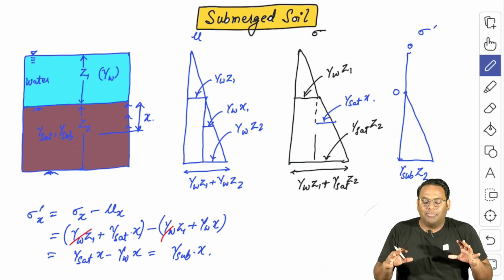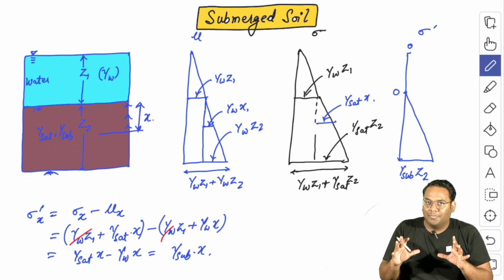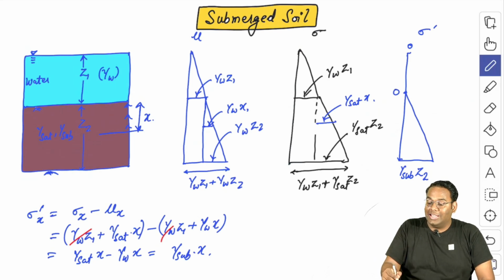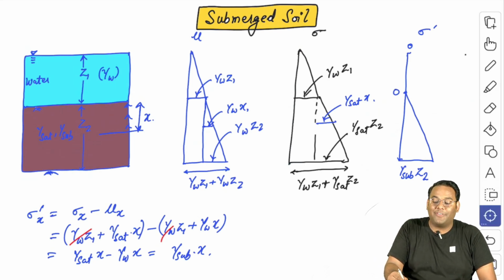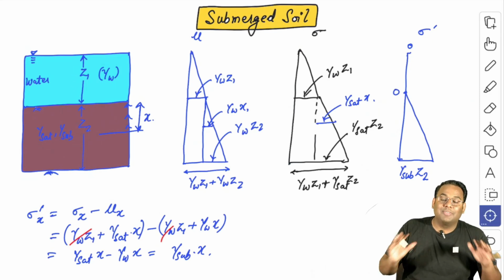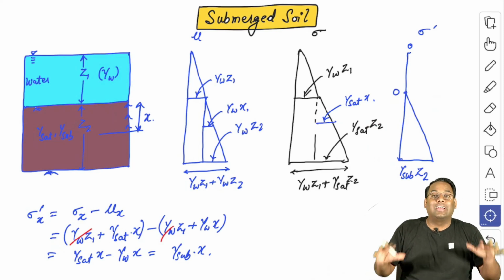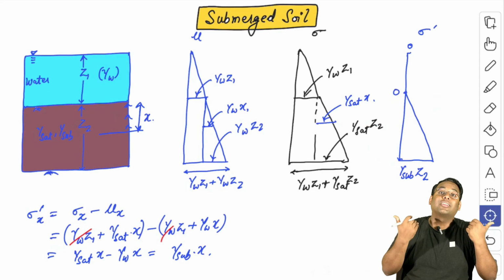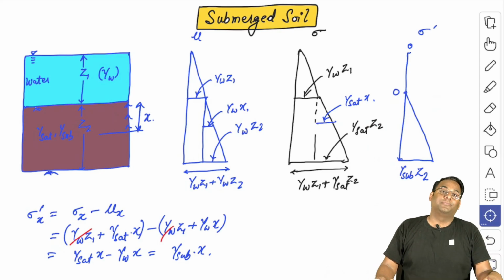So that's all about the diagrams. But can you observe one thing here? The effective stress is not depending on the term Z1. What does it mean? It means that the effective stress of soil is not depending on the water depth in the water body.